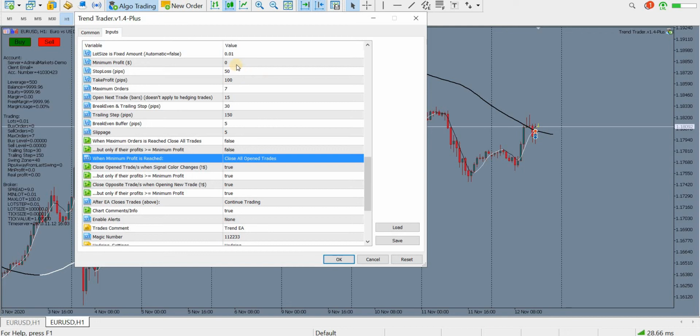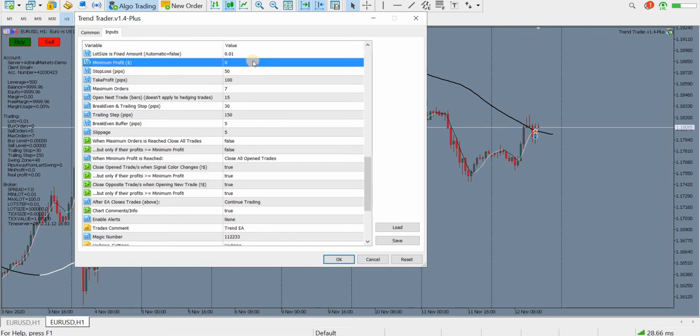You want to close them as soon as their profits altogether reach 0 profit, to close at the profit break even. This is what I would choose to do because I want to close a trading basket and focus on the next signal, on the next basket. Again, it's up to you.